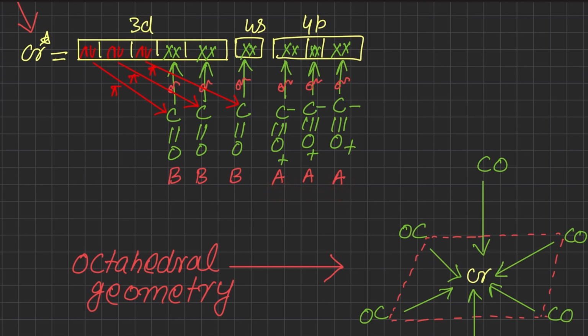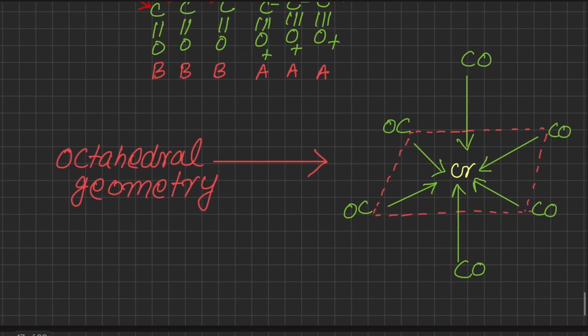In A form there is donation towards the chromium, so there is no back bonding, whereas in the 3 remaining carbonyls there is back bonding, and the chromium back donates its electrons to the carbon of carbonyl through a pi coordinate covalent bond. So in this way we have represented that in three carbonyls there is no back bonding, whereas three carbonyls show back bonding.